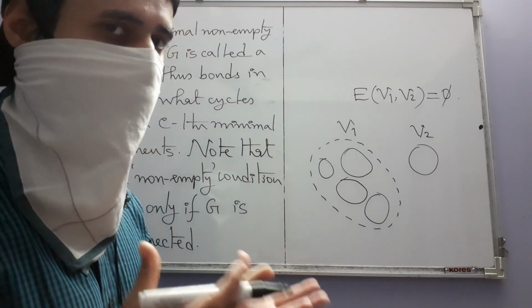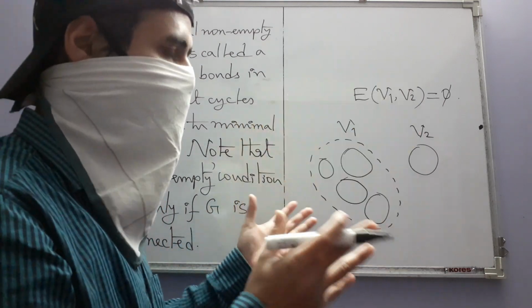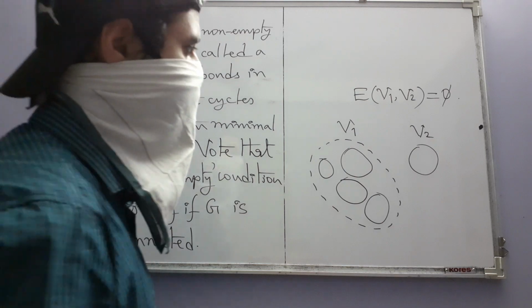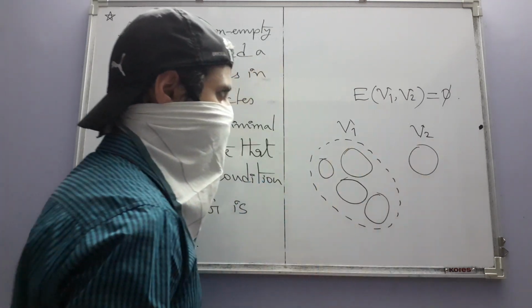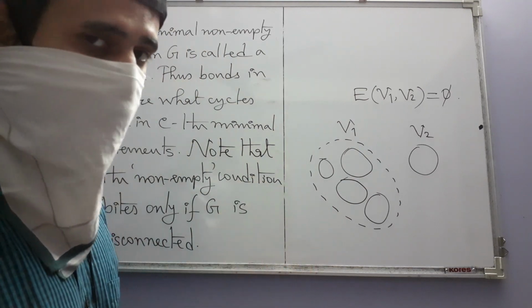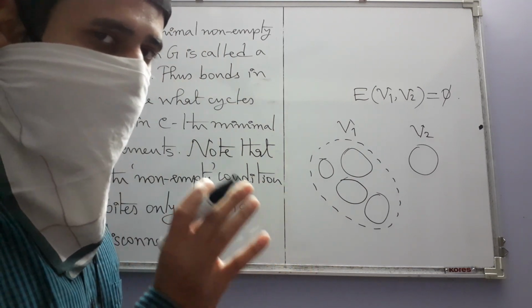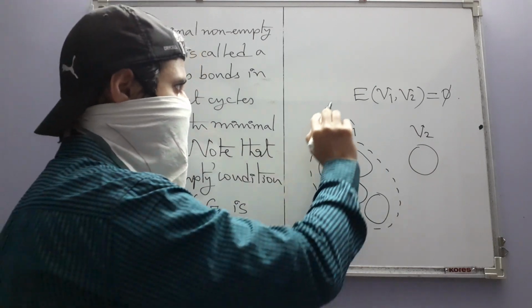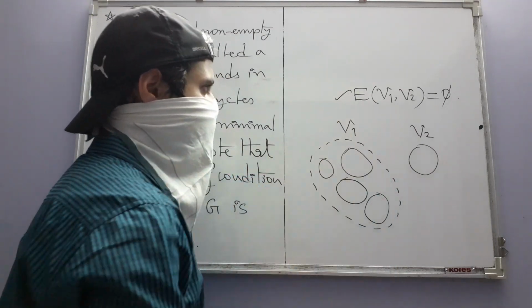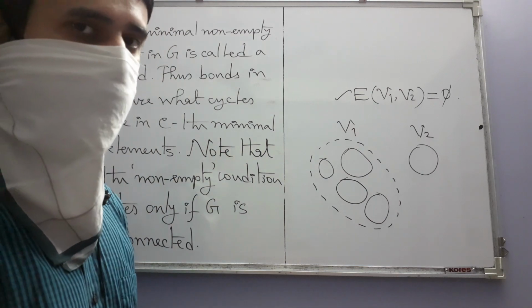That's what component means. A component is a maximal connected subgraph in a graph. So that is why there is no edge between V1 and V2, but V1 and V2 of course form a partition of the entire vertex set, for which this set has become empty.